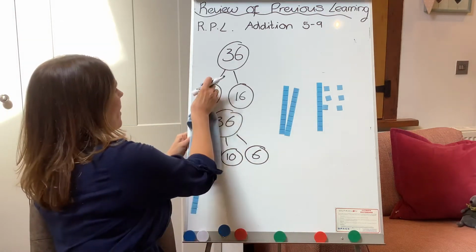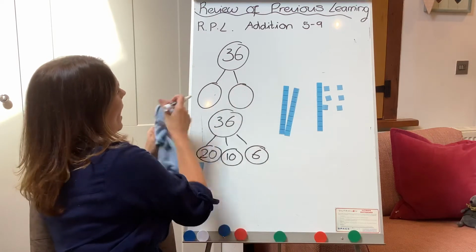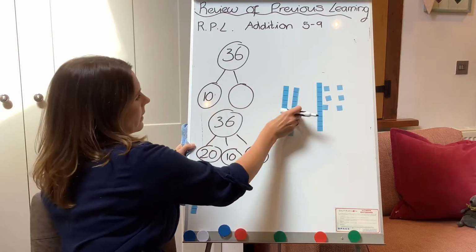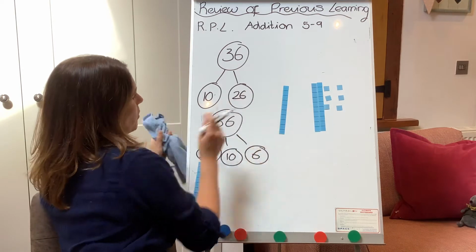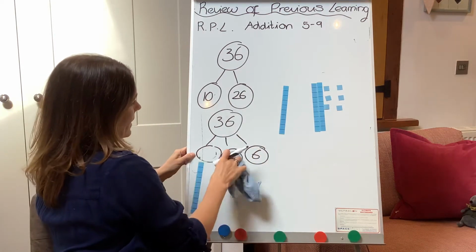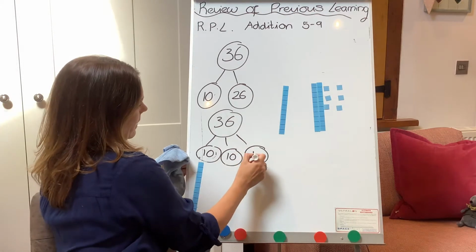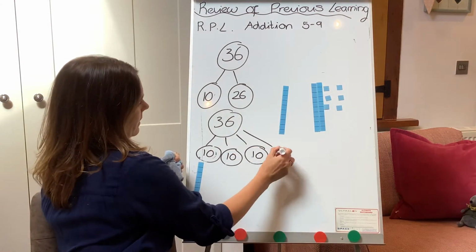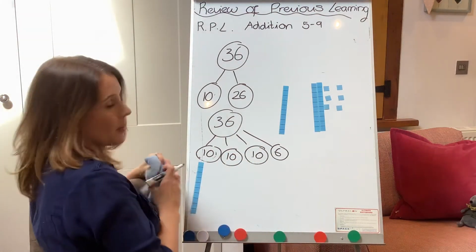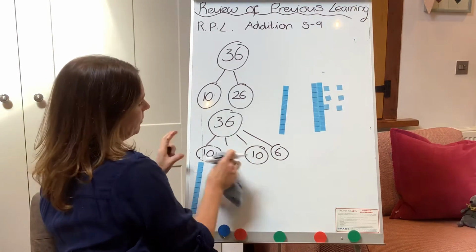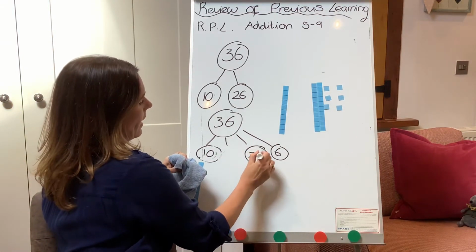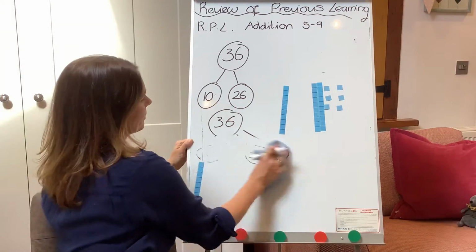We could also have it as 10 and 26 ones, or we could have it as 10, 10, 10 and 6. Okay, we could have it as 10 and 20 and 6 like in the previous one.